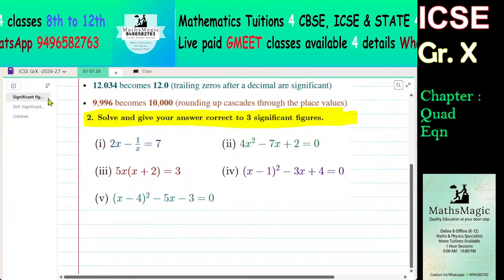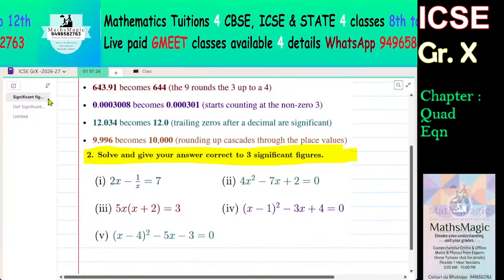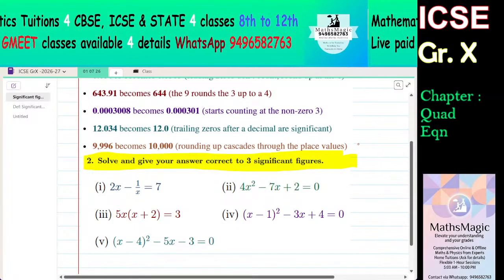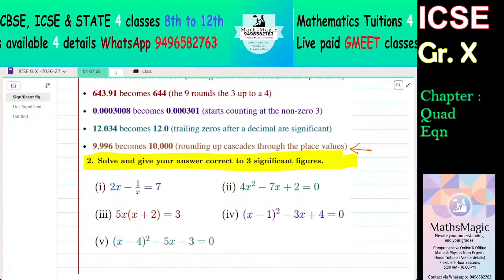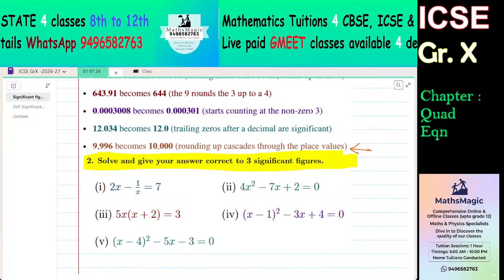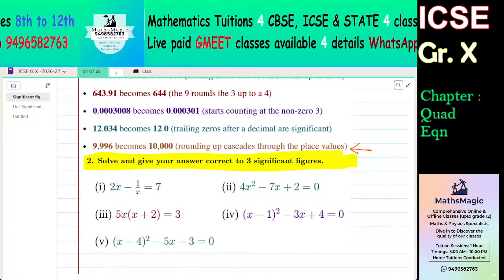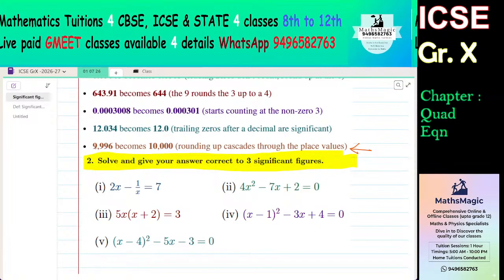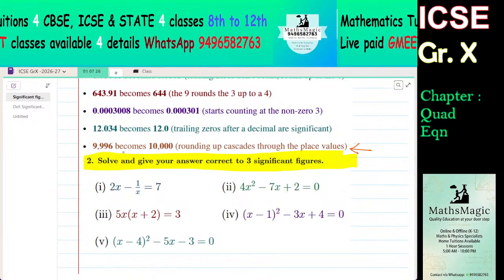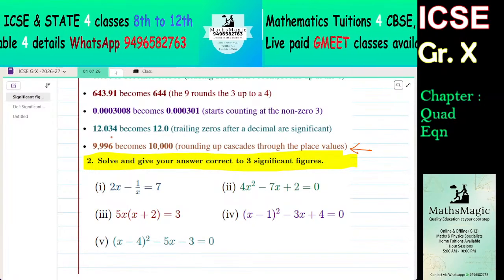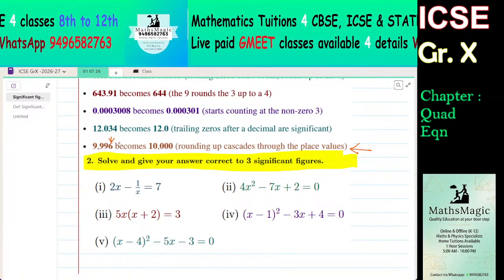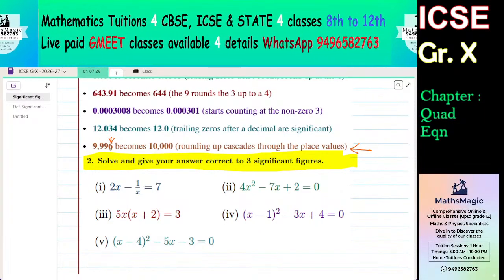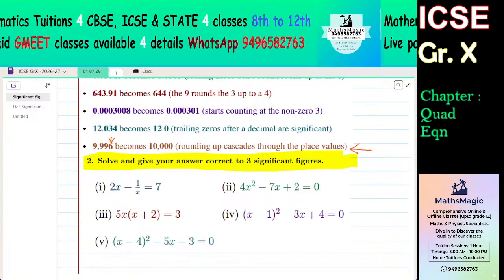Now, if you just go through this example, you can easily understand where the rounding will happen. See, the number was 9996 and it became 10,000 because the rounding rule applied to the fourth number or the digit.